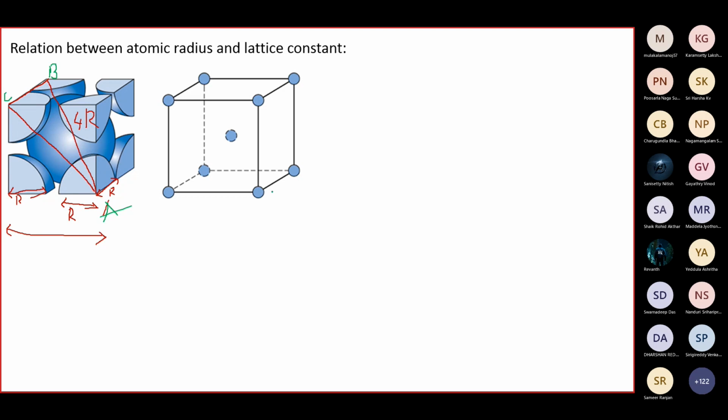Now AB square is equal to BC square plus AC square.